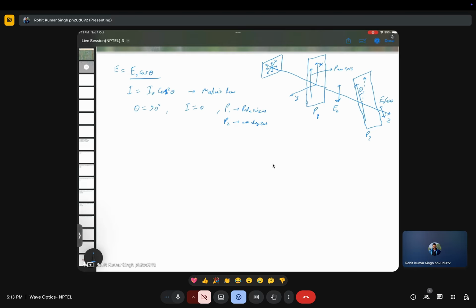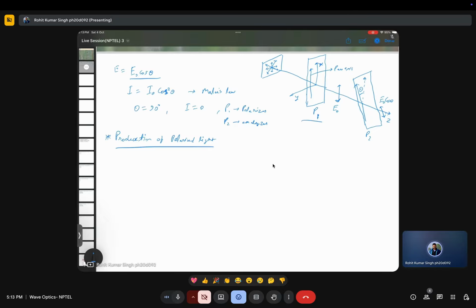Now, how does this polarizer work? That we can discuss now. How do we produce polarized light? Production of polarized light.